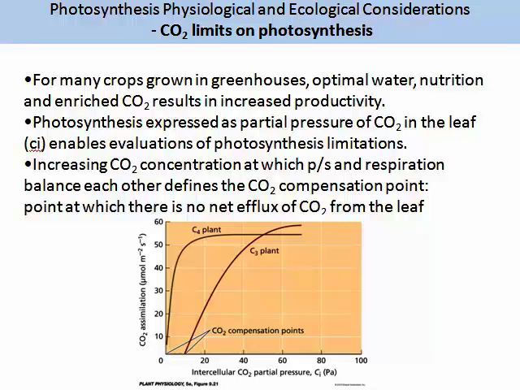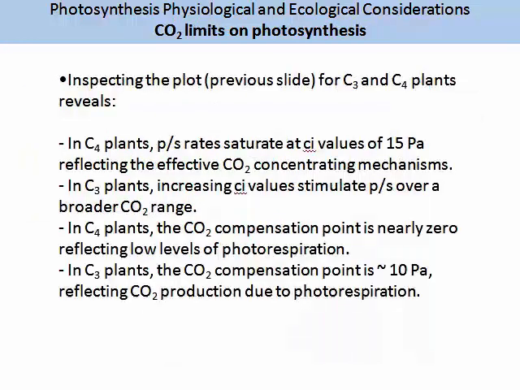When you look at the figure on the screen and examine it in more detail, it can reveal the following. In C4 plants, photosynthetic rates saturate at internal carbon dioxide values of 15, reflecting the effective carbon dioxide concentrating mechanisms.